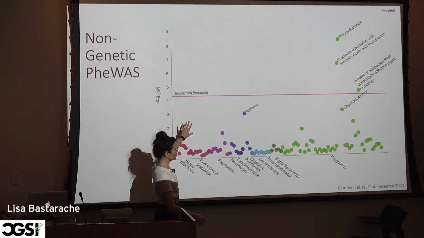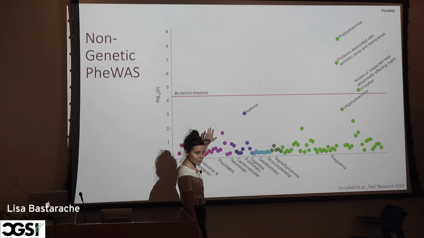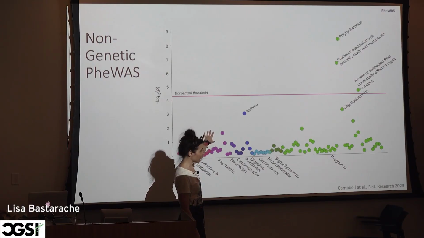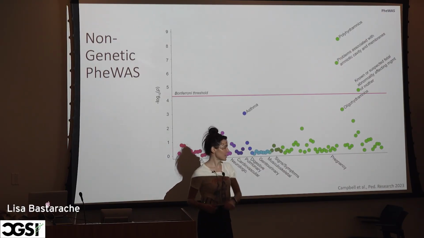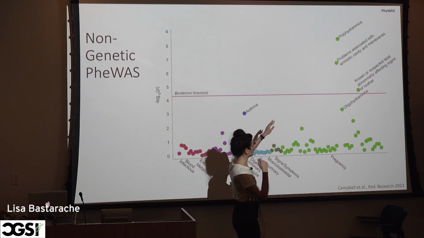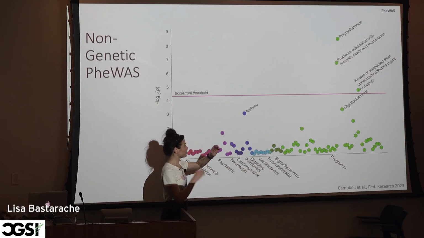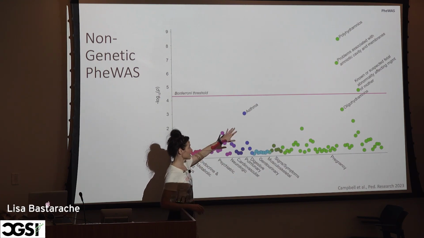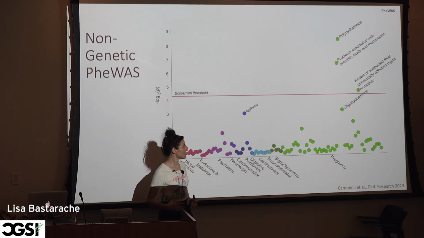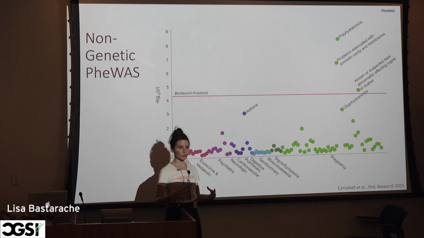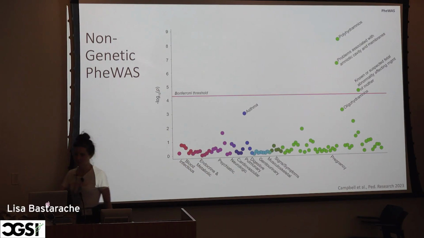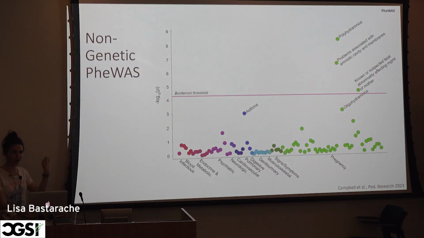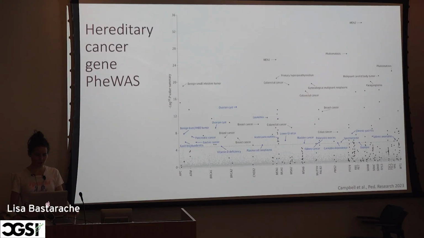So in this case, we looked at prenatal diagnoses that occurred in the pregnant mother, and we looked at whether there was anything that was associated with the outcome in the baby in a linked database. And we found, and we replicated this in a separate data set as well, that moms who have polyhydramnios, which means having a lot of extra amniotic fluid, had a much higher likelihood of having a baby with BPD. So this is just one example of many non-genetic exposures that people study with PheWAS.